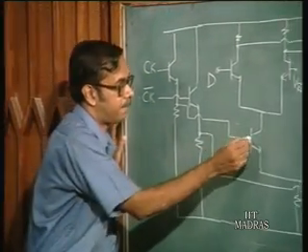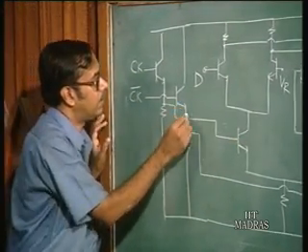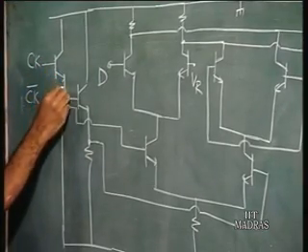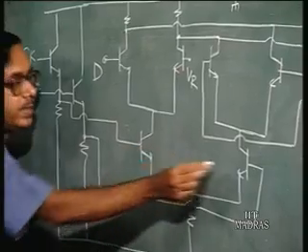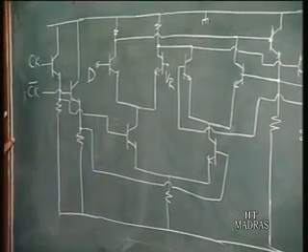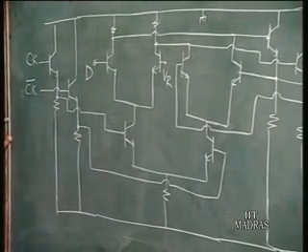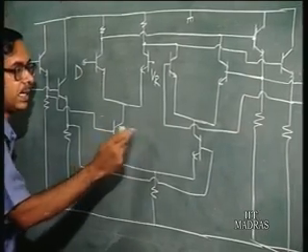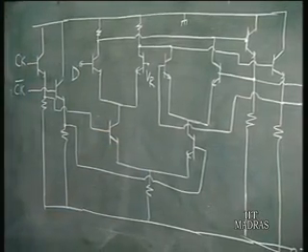So, clock and clock bar will be available, so you have those two outputs. Now, these inputs clock and clock bar are level shifted down by one diode drop, and they are fed to the base of these two transistors, okay. And what happens? So, one of them is high and the other is low, okay.